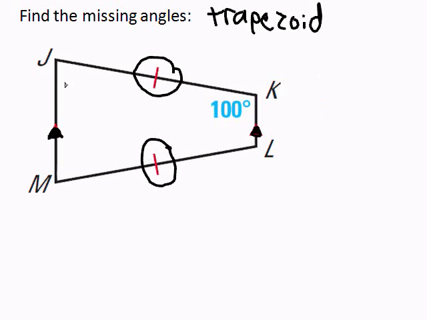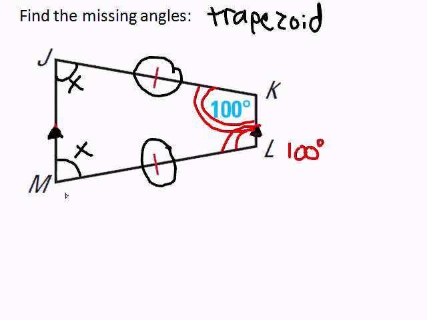And in an isosceles trapezoid, base angles, this one, and let me outline the other ones in red, this one and this one are the same measure. So, if this is 100 degrees, then angle L is also 100 degrees. Well, that doesn't help you much find J and M. In order to find J and M, we know they're the same measure, we just don't know what measure they are.